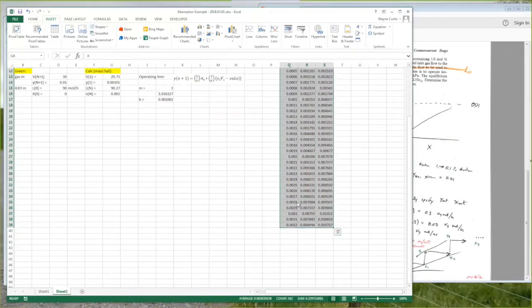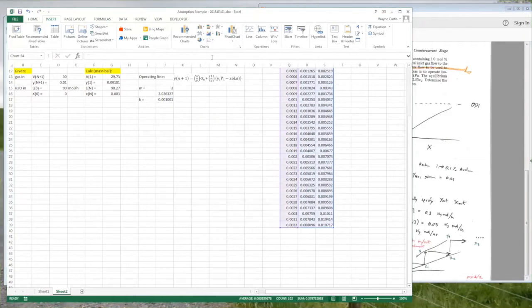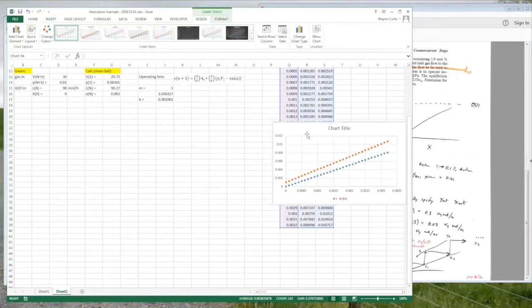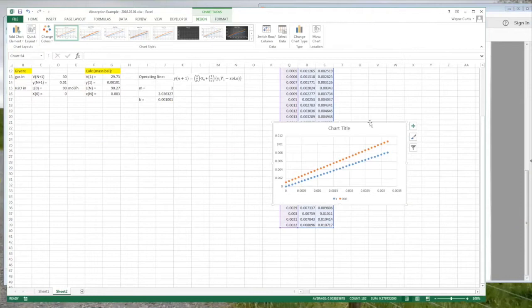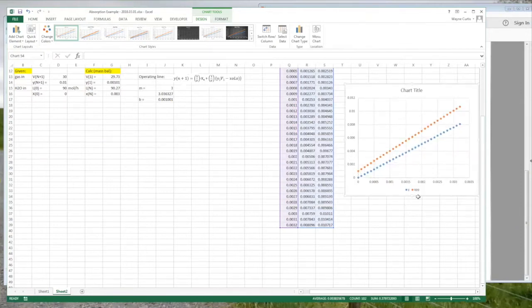So that being the case, I'm going to go ahead and make a line chart, and there you go. This will give us our equilibrium and operating line. And I'm just going to fatten that up just a little bit. So we're going to draw a few lines on it.